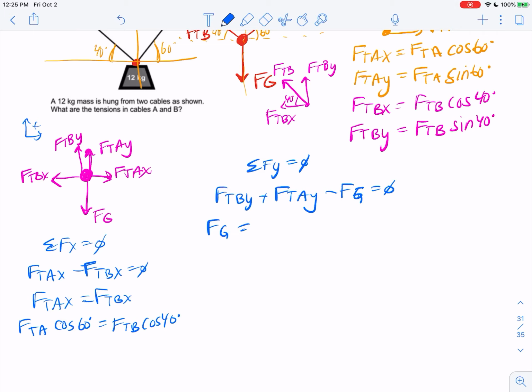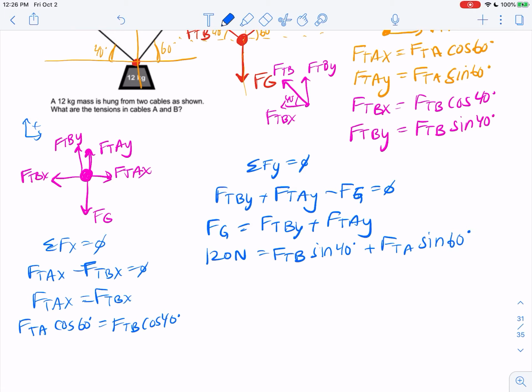I'm just going to write it like this, even though I'm not really sure this is the best method at this point. But I just want to plug in what I know. I'm going to put 120 newtons in here for my FG, because it's 12 kilograms. And then my FTBY is going to be sine 40, and my FTA sine 60 is my other one.